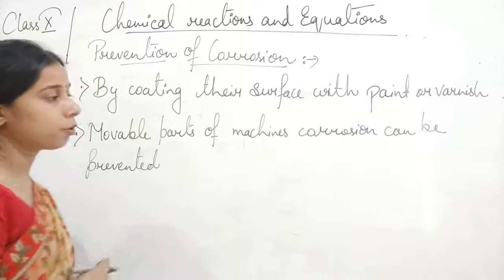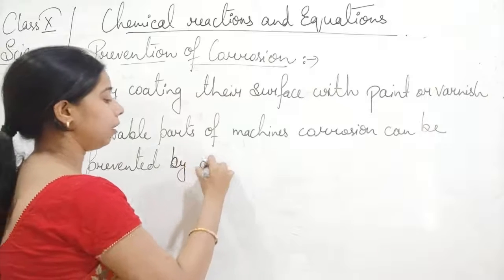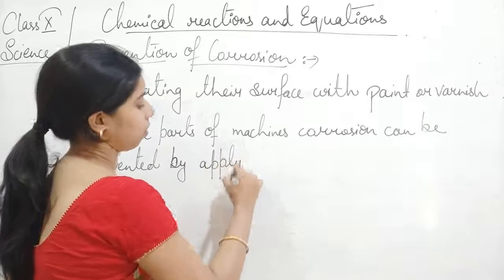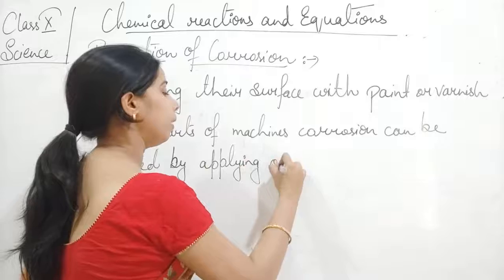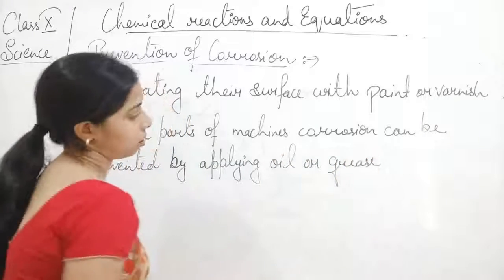Movable part of the machine, corrosion can be prevented by applying oil or grease on it.